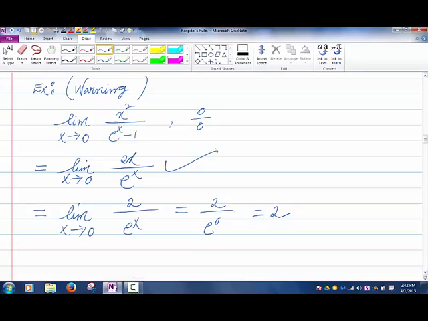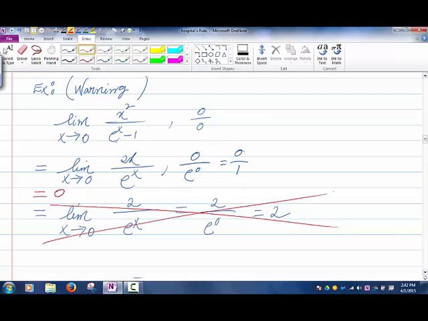Yeah. So what did I do wrong? I didn't check the limit form before I applied L'Hopital's rule the second time. At this moment, before I applied the L'Hopital's rule, I should have checked what the limit form is. The limit form here is 0 divided by e to the 0, which is 0 divided by 1. That's not indeterminate. So this limit should have been 0, and this is bogus here.